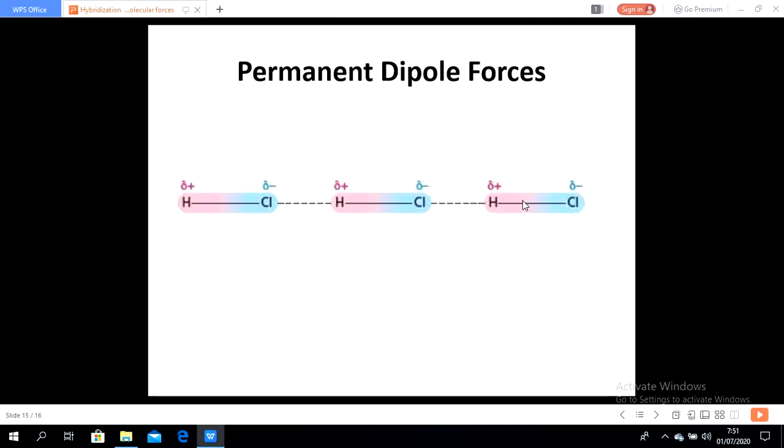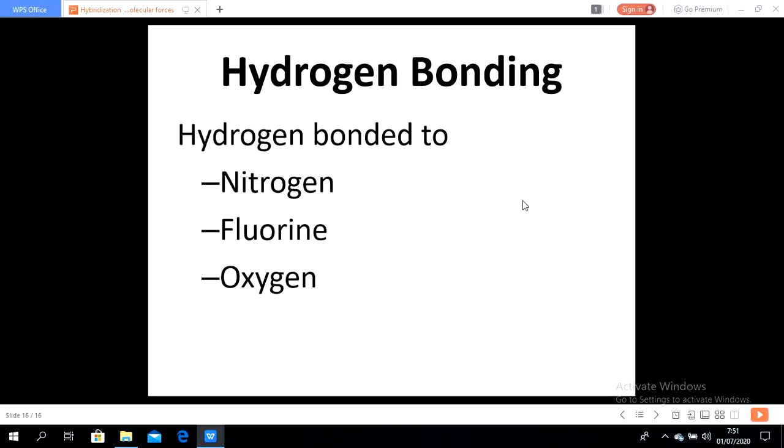Okay, and then the last of the intermolecular forces is hydrogen bonding. Hydrogen bonding is the easiest. Why? Because it is the strongest intermolecular force. Hydrogen is bonded to nitrogen, fluorine, and oxygen. Example: nitrogen, ammonia gas. Ammonia has hydrogen bonding as its intermolecular force. It is polar. It can dissolve in water.